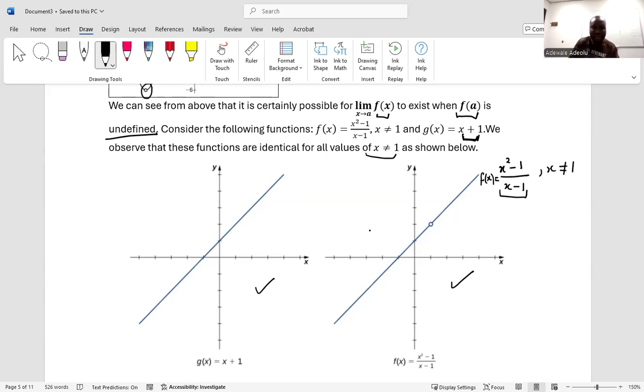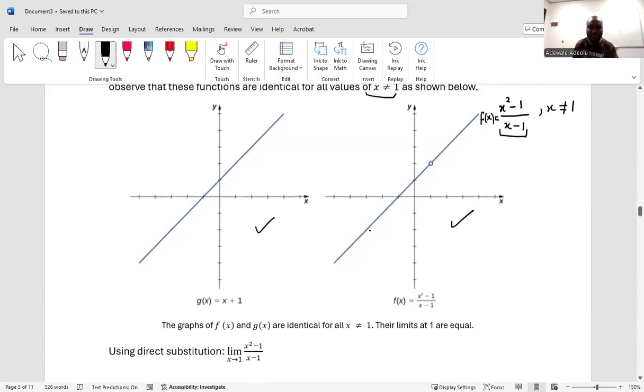So the graph of x plus 1 and the graph of f of x, which is x squared minus 1 divided by x minus 1, are identical. The only thing that we see is that there is an open point here, which is not here. That is the only difference that we can see from these two graphs.